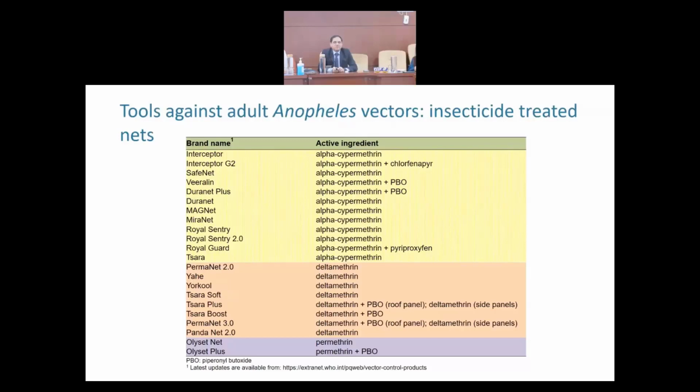A couple of them include nets which have a PBO apart from a pyrethroid, or a compound called pyriproxyfen, which is an insect growth regulator or juvenile hormone mimic, or chlorfenapyr. Those nets that have pyriproxyfen or chlorfenapyr are the two nets against which epidemiological impact has not been shown. They have been pre-qualified as insecticide treated nets, but they are not yet pre-qualified for introduction for control of disease.